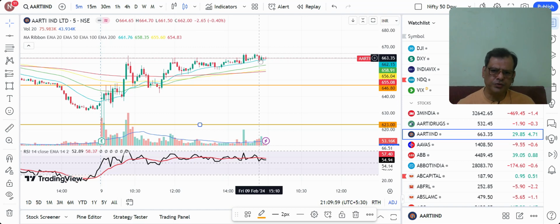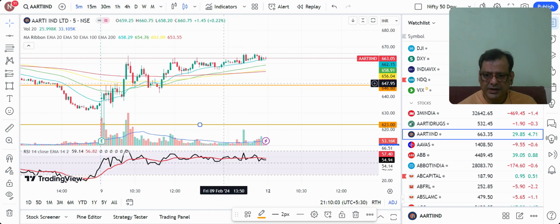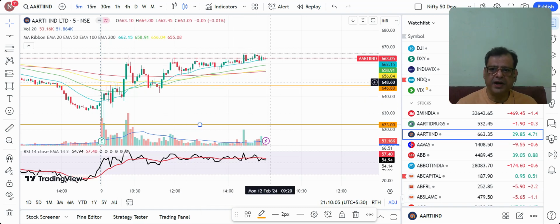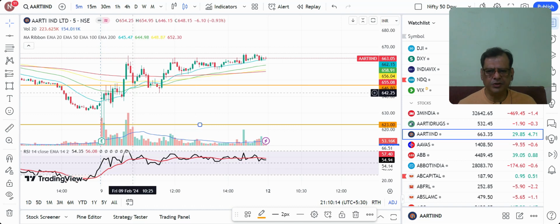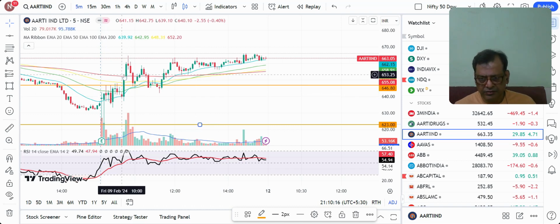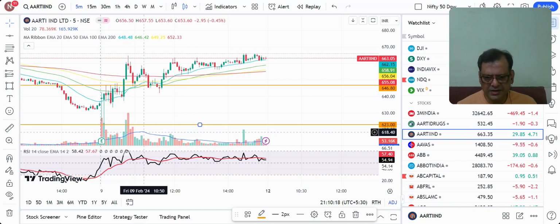Up to you what you want to choose. Do your back testing. So this is how you have opening range breakout. You mark the breakout on 30 minutes and you enter the trade on a 5-minute interval. And once you enter the trade, you put in your SL and then you just relax, enjoy life.